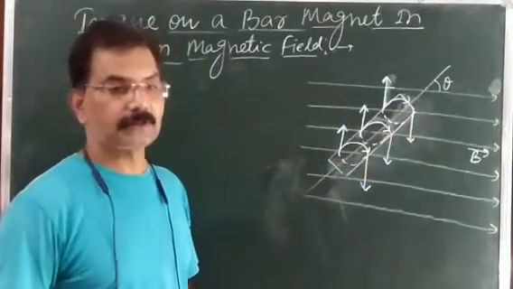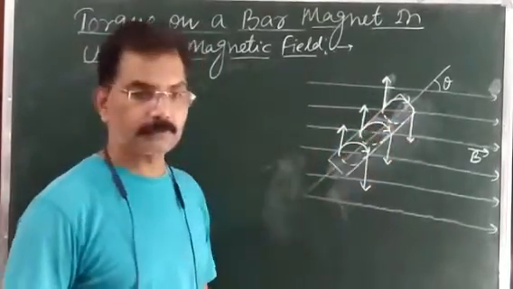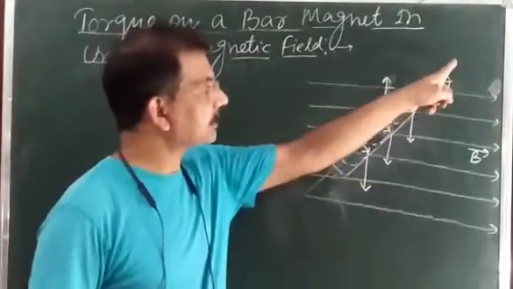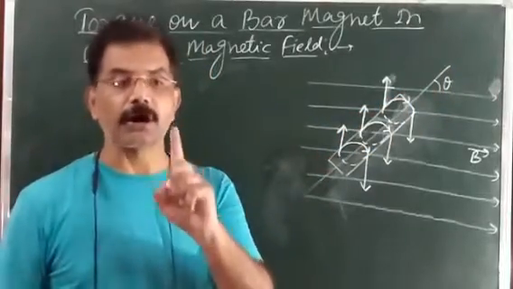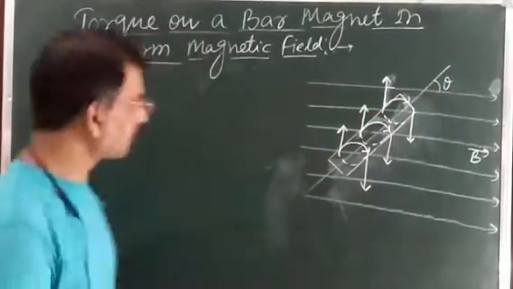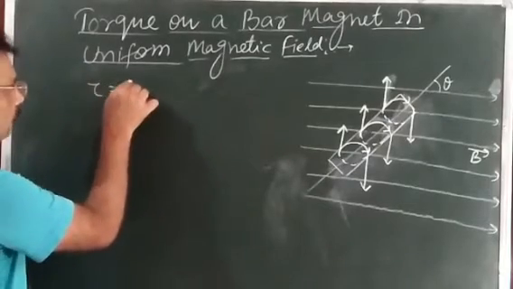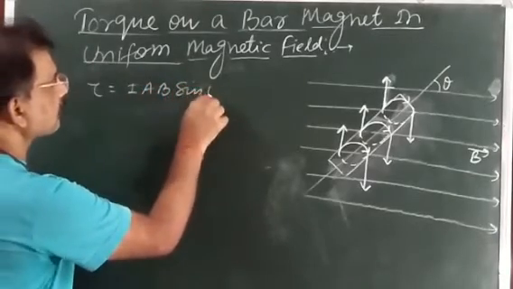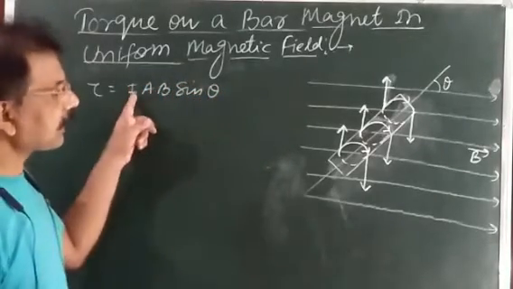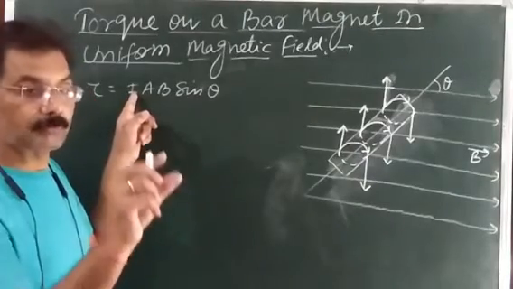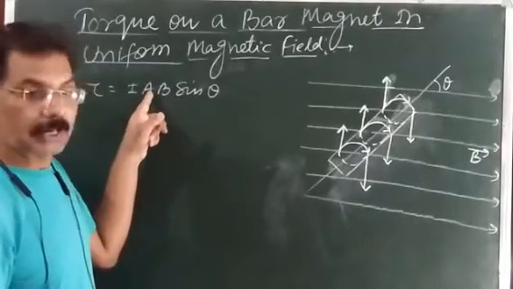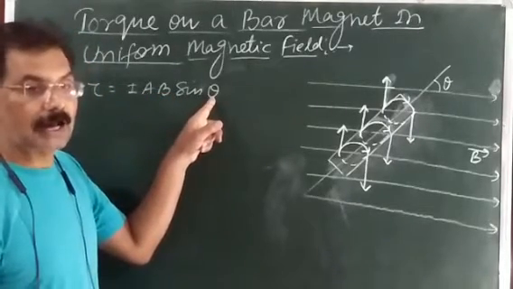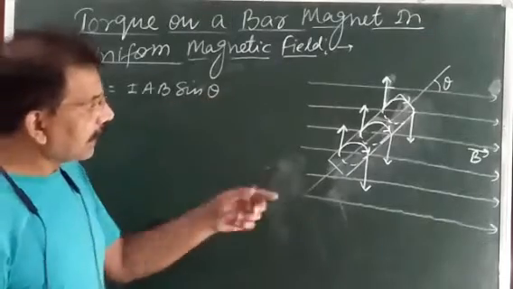And we know that if a current carrying loop is placed in a uniform magnetic field B at an angle theta, then it experiences a torque. The magnitude of that torque is given by tau is equal to I A B sin theta, where I is the current in that small current loop, A is the area of that current loop, B is the magnetic field, and theta is the angle.